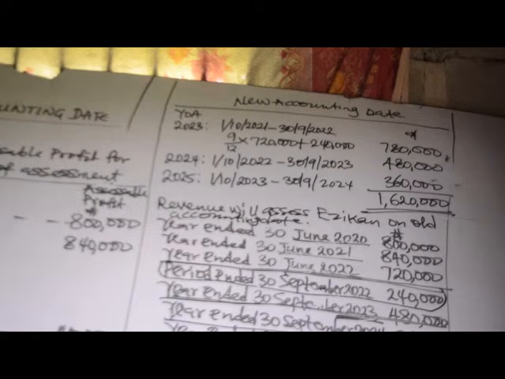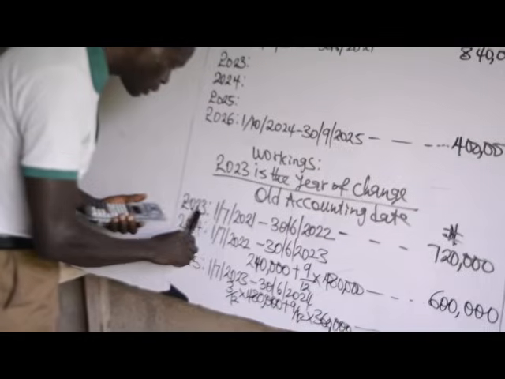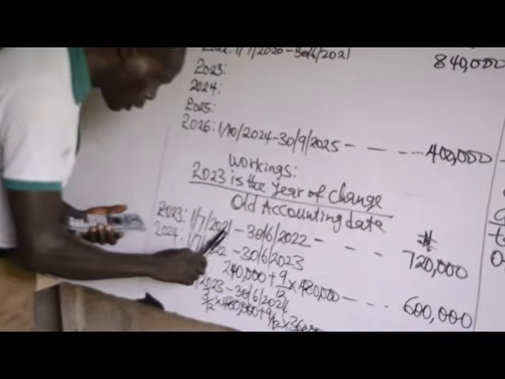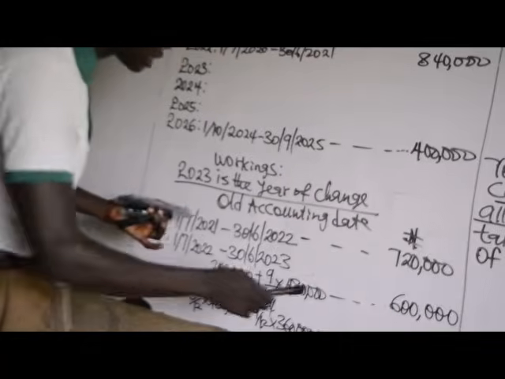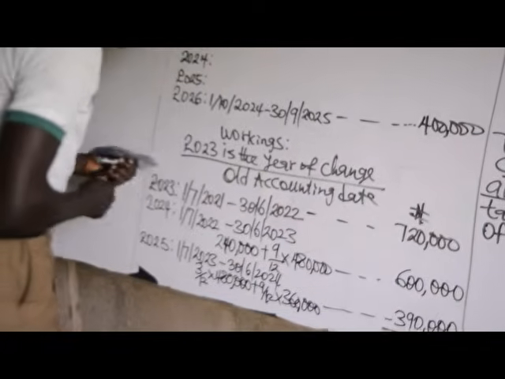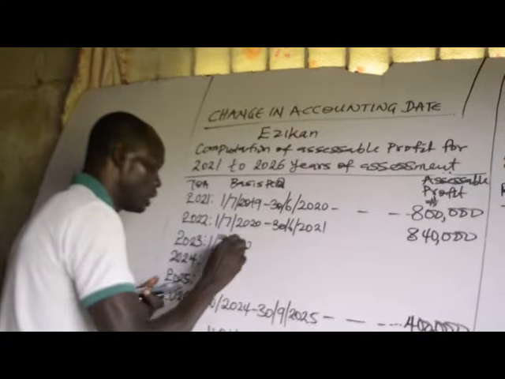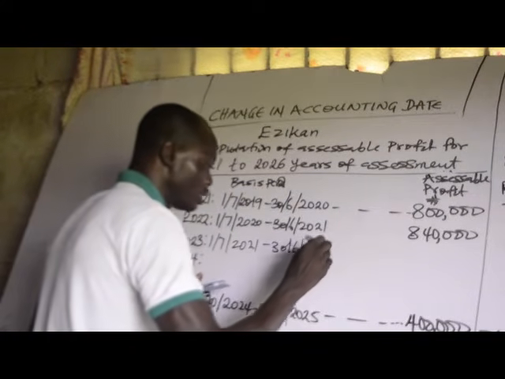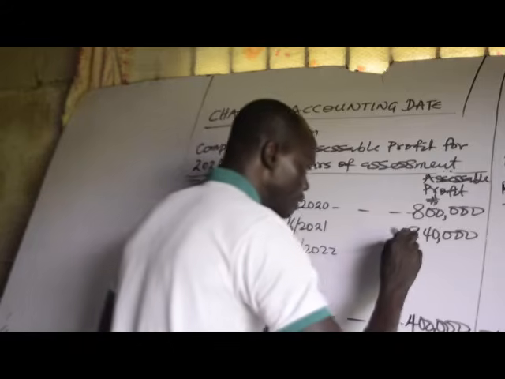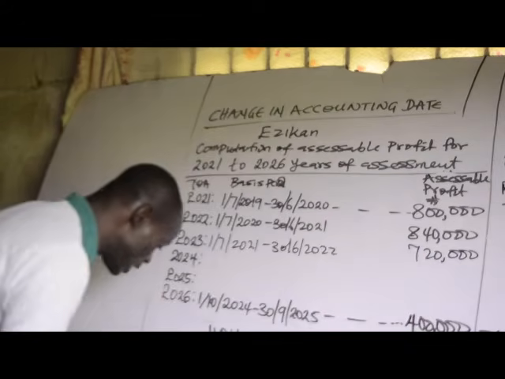Therefore, since we are choosing the old accounting date, the basis period for 2023 is 1st of July 2021 to 30th of June 2022, and that amounted to 720,000. Then the 2024 year of assessment.